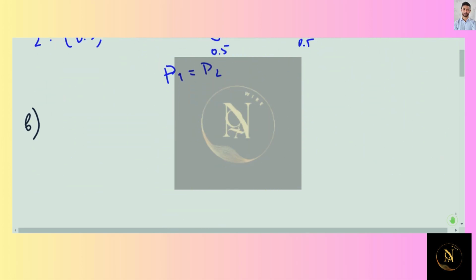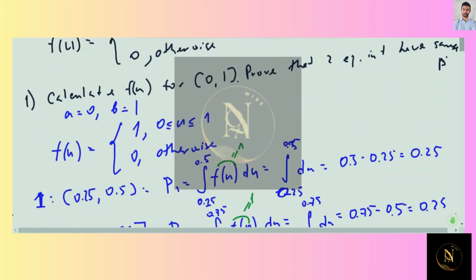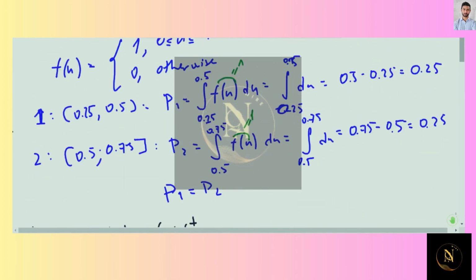Now we have to answer question B. In question B, we have to calculate the cumulative distribution function for this continuous uniform distribution.